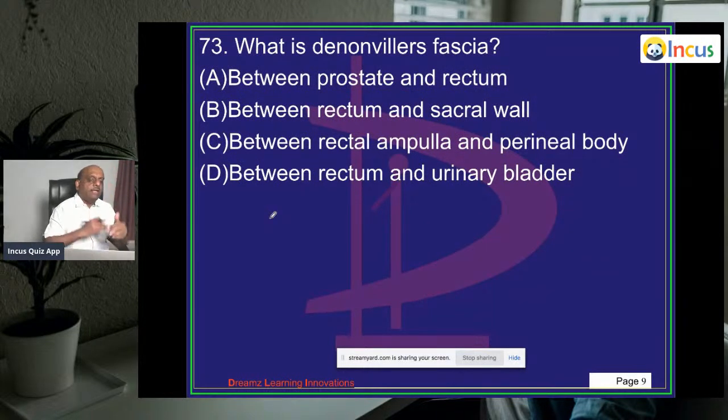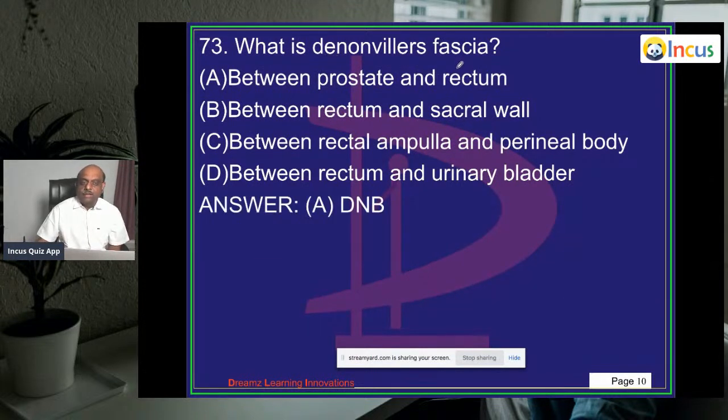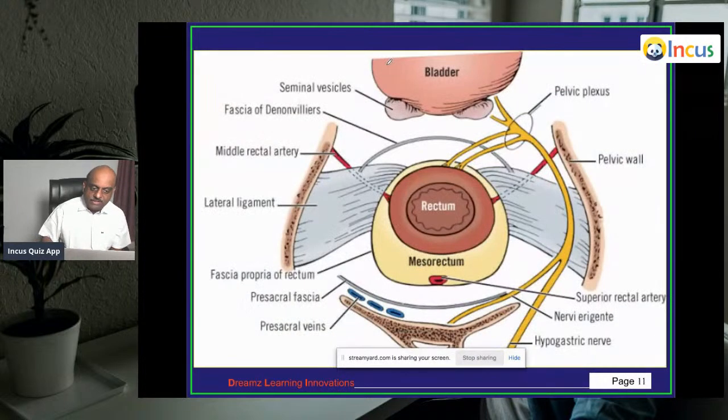Every time the examiner will keep asking you the same thing. So what is Denonvilliers' fascia? Keep punching the answers, doctor. It is there between the prostate and the rectum. You have Denonvilliers' fascia.